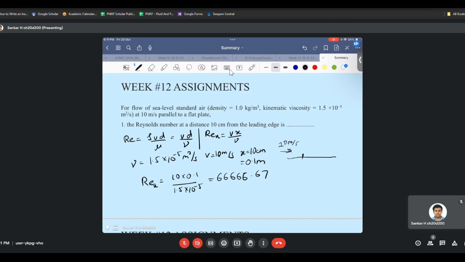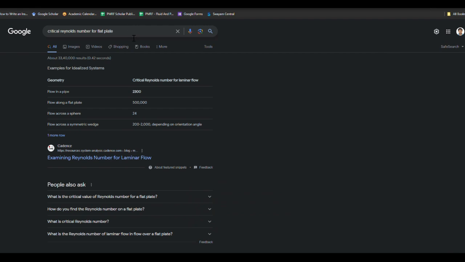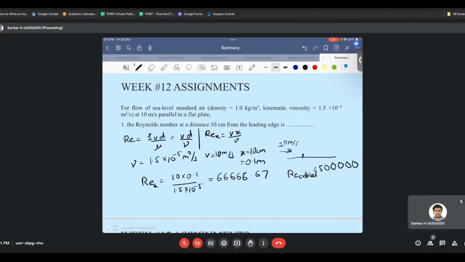We'll just go over what would be the critical Reynolds number for a flat plate. Just Google it out. We see that for a flow along a flat plate, the critical Reynolds number is 500,000. So it is safe to assume that a value of 66,000 is in fact a laminar flow.